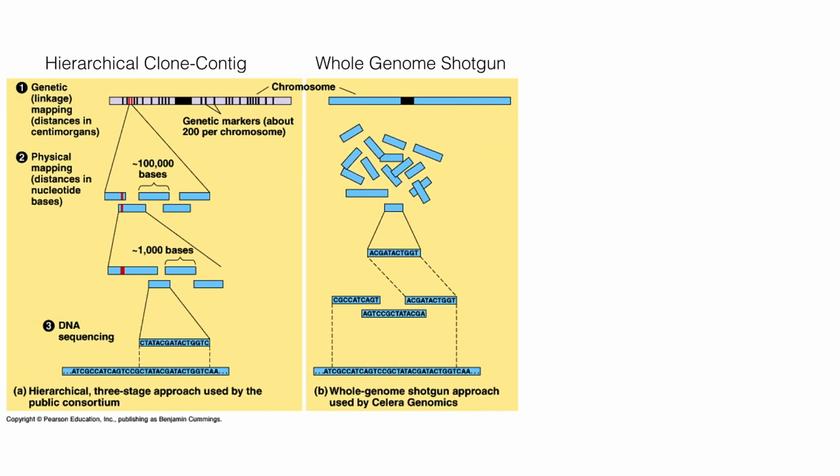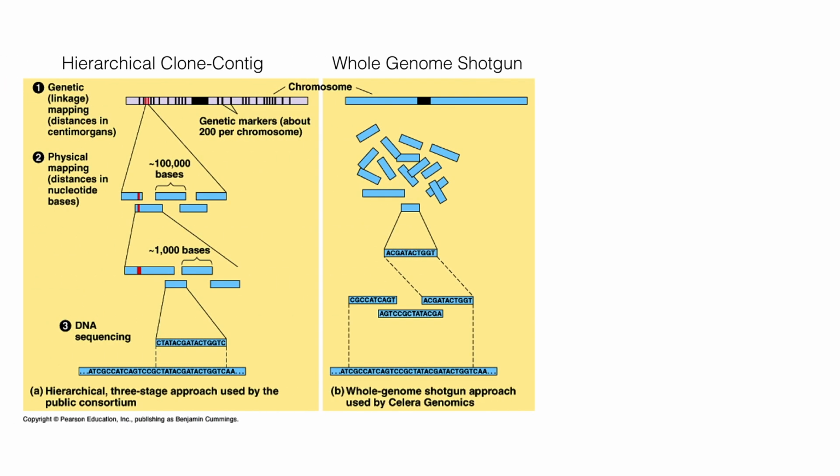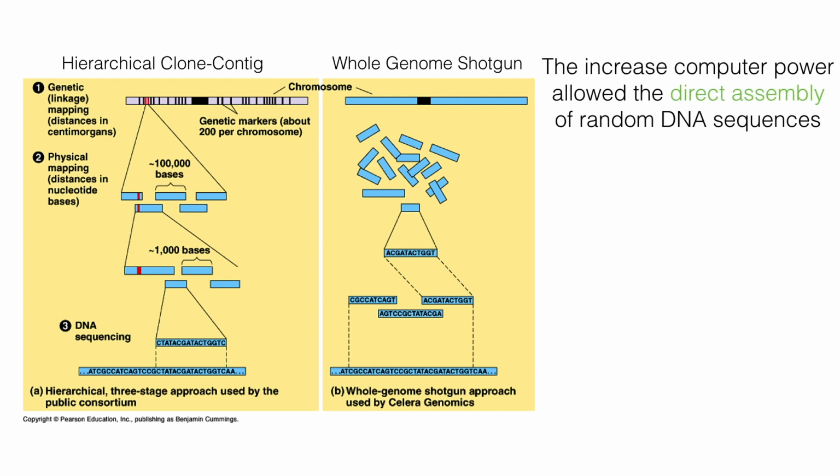At some point, some scientists started to believe that the computer power was sufficient to skip the hierarchical process, sequence the entire genome fragments at random, and let computers do the assembly.